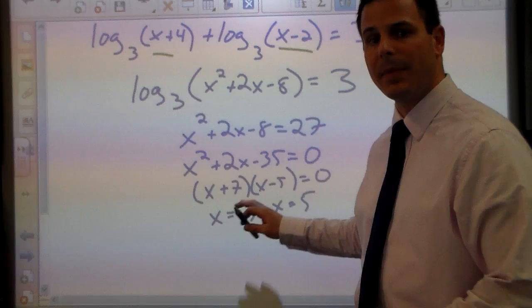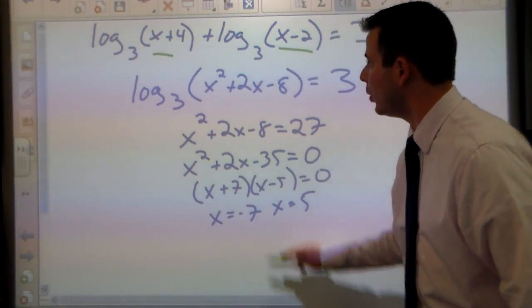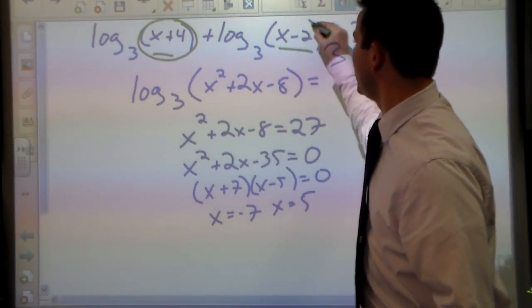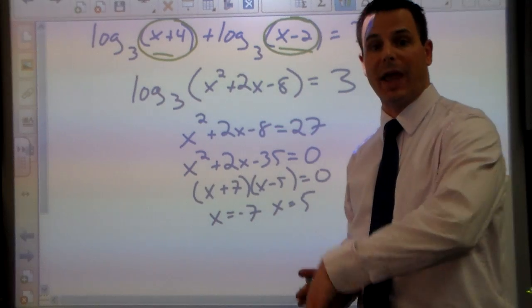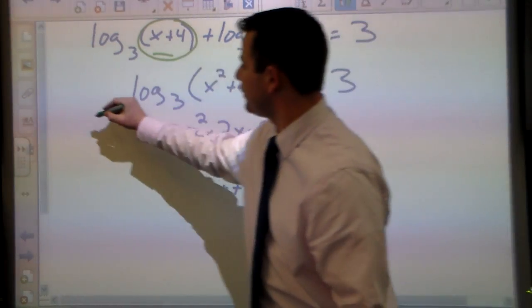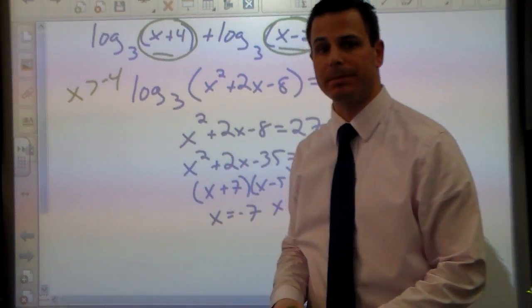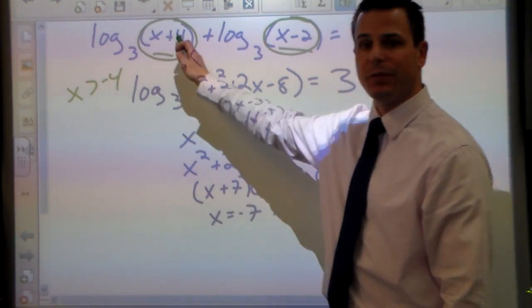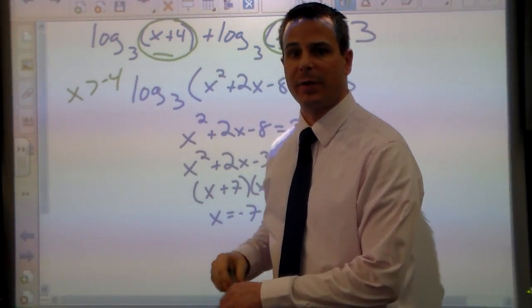Now when I'm done, I have to look to see which of these are acceptable. The way to do that is by looking at the "of" portion of the logs. The "of" portion of the logs can't be 0 or negative. So for this log, x has to be greater than -4, because -4 will give me a 0, unacceptable, and -5 will give me a negative, unacceptable.